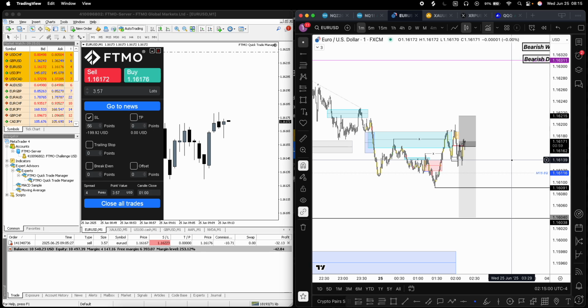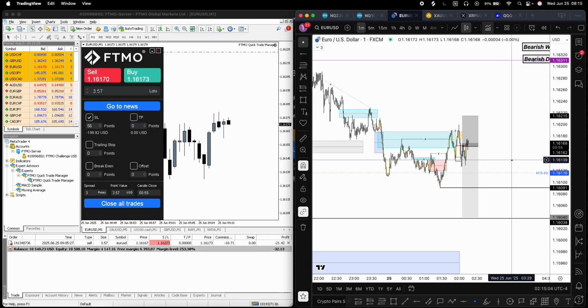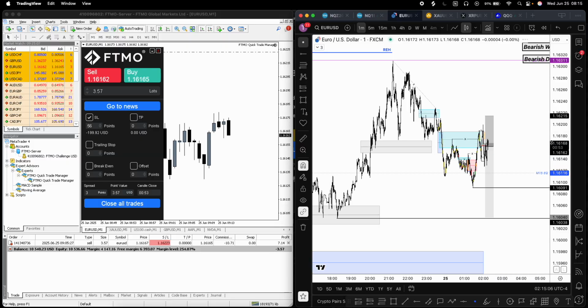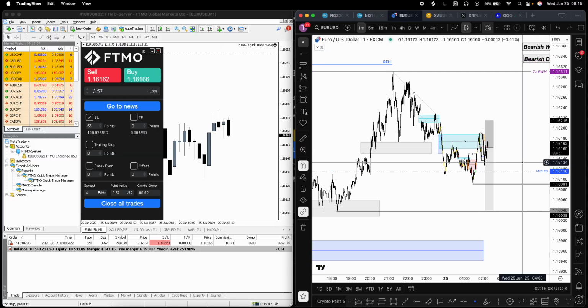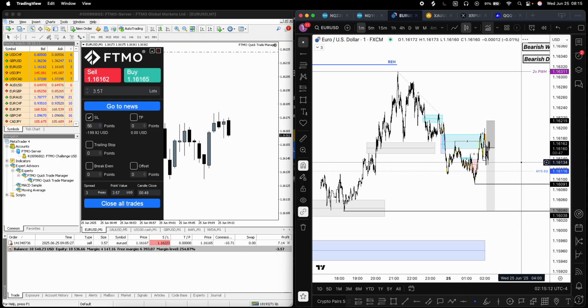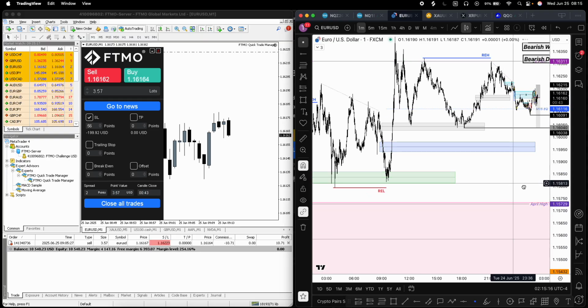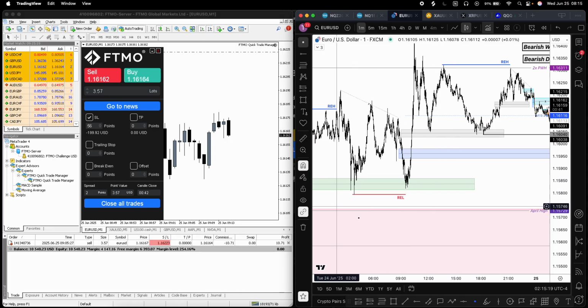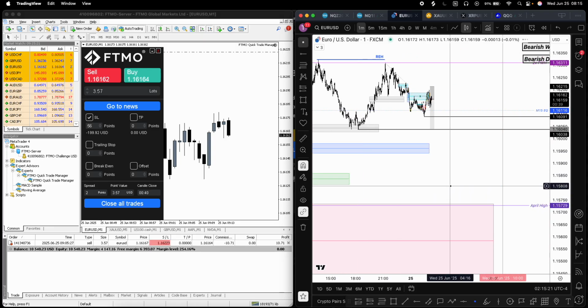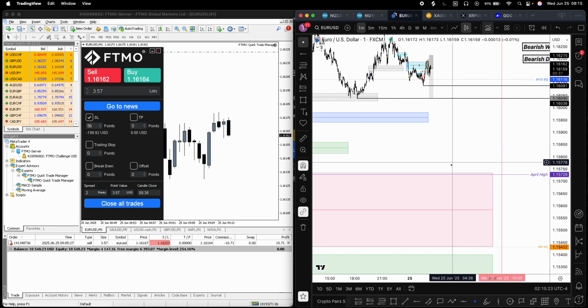We have a nice entry model. The narrative's bearish. Premium. Now it just basically comes down to timing. I'm pretty certain price wants to come down to sweep these relative equal lows and come into this daily fair value gap.